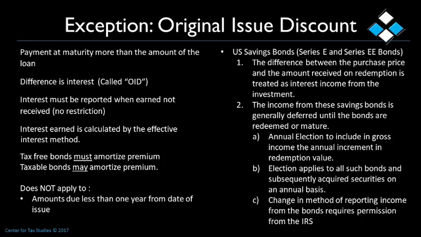To change the method of reporting this type of income from bonds requires permission from the IRS. Additionally, tax-free bonds must amortize the premium. However, taxable bonds may amortize the premium.